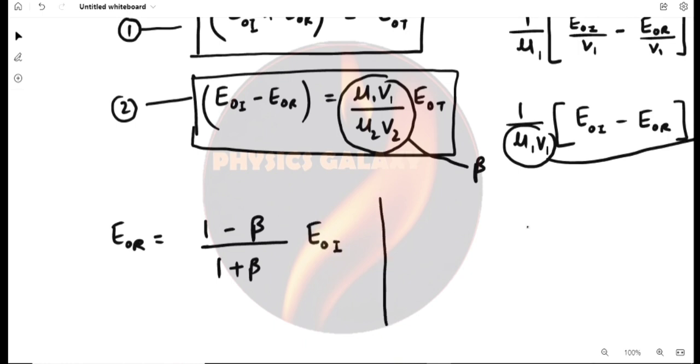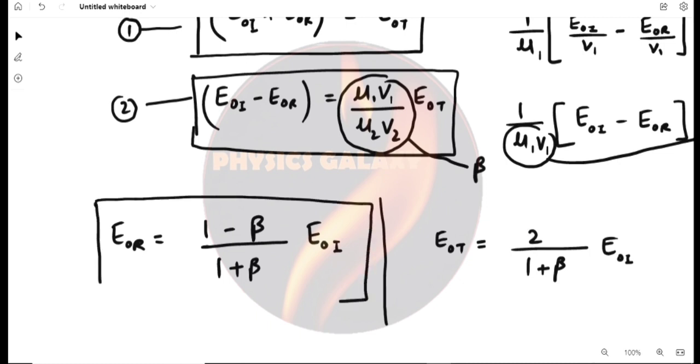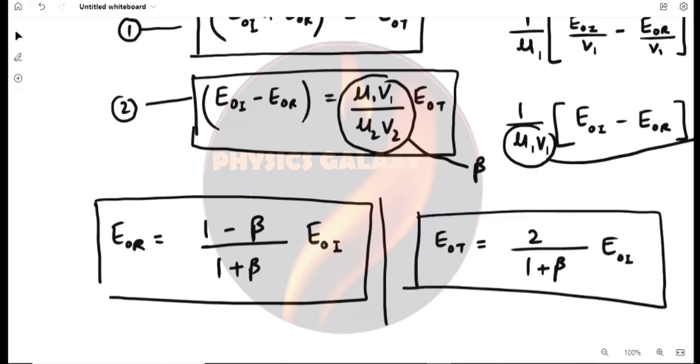Second equation, you will get E naught transmission, or T, equals 2 times 1 plus beta E naught. So these are the two equations you have to always remember. This is for the reflection, and this is the transmitted amplitude. If you know the incoming amplitude of light, you can figure out the reflected amplitude. Similarly, if you know the incident amplitude, you can find out the transmitted amplitude.